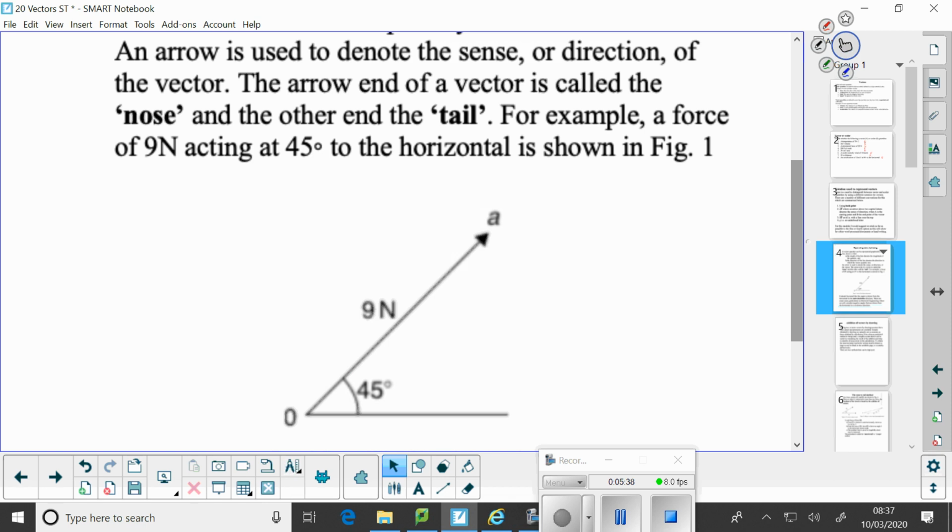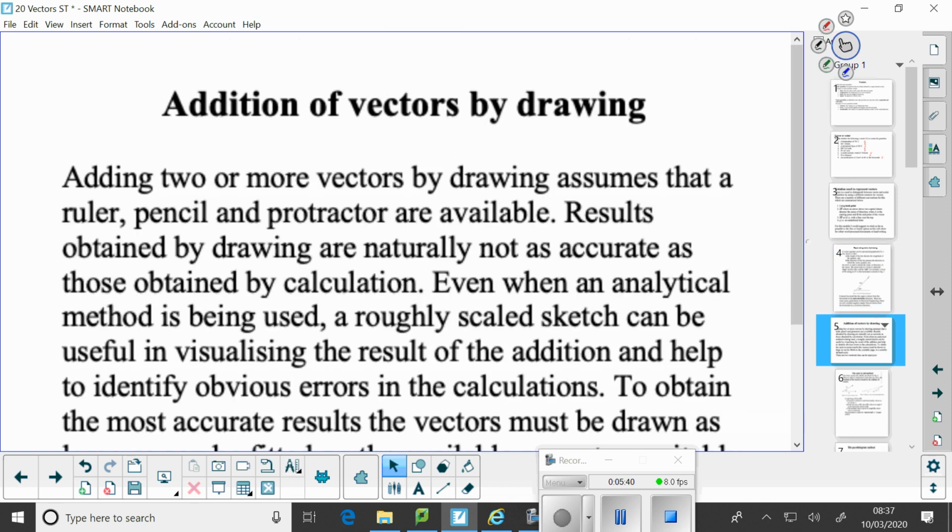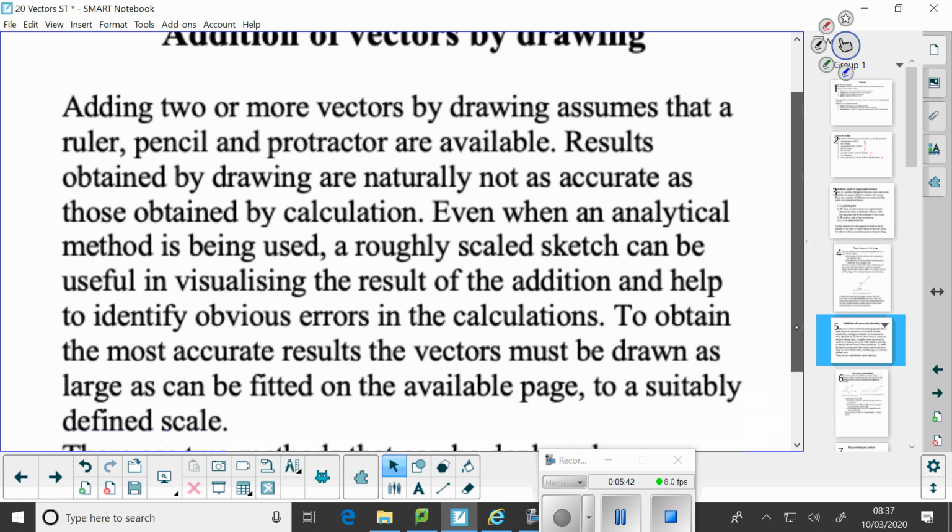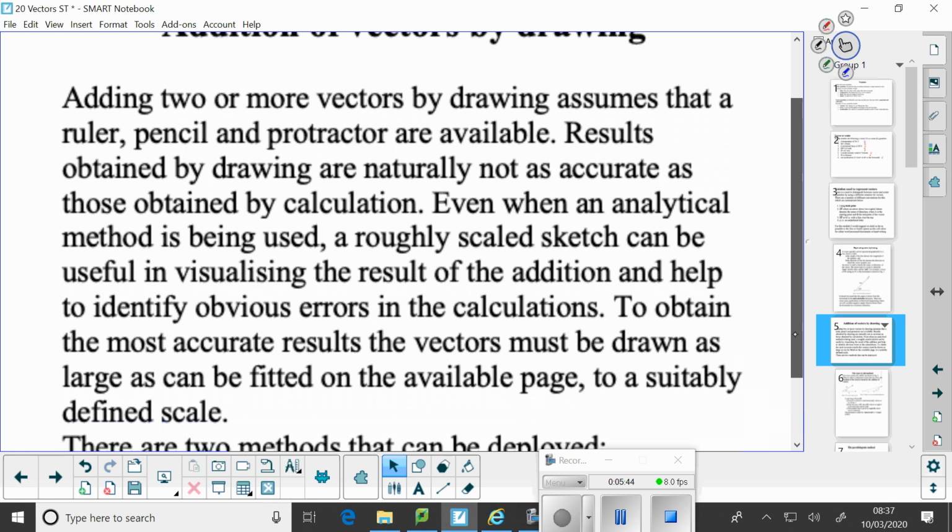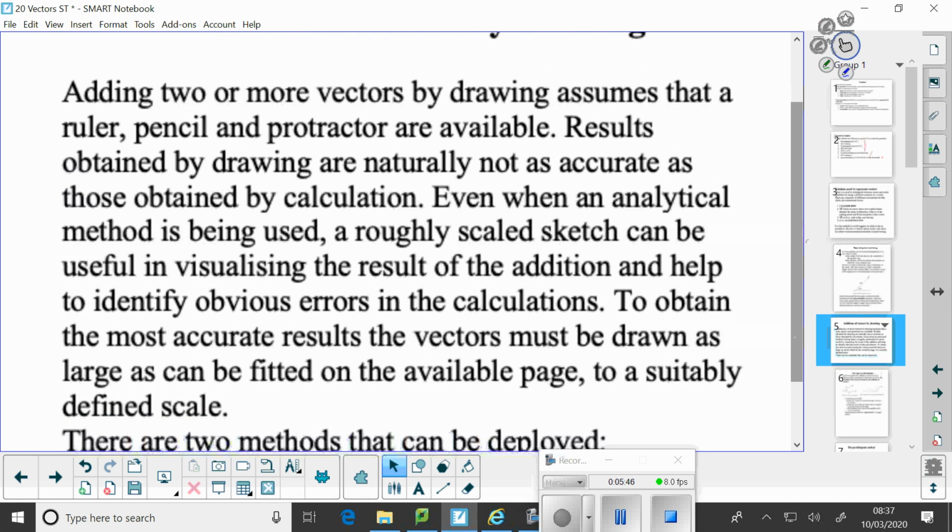We can add two or more vectors together by drawing, as we've already done in science. This assumes that you have the required equipment.